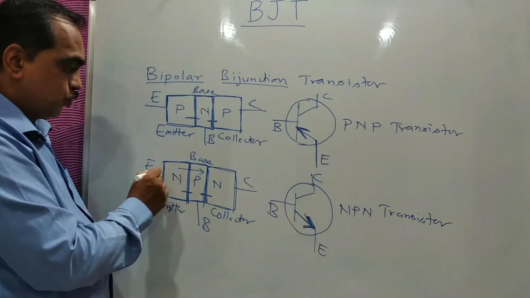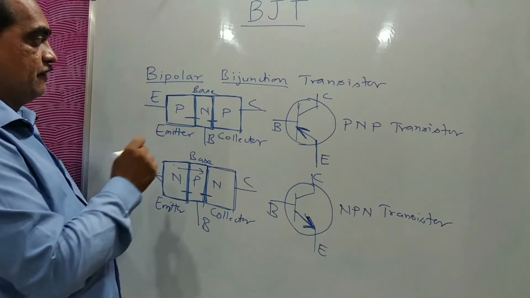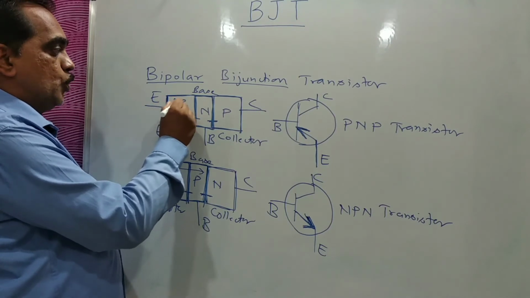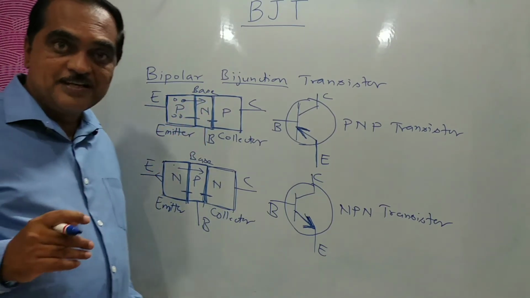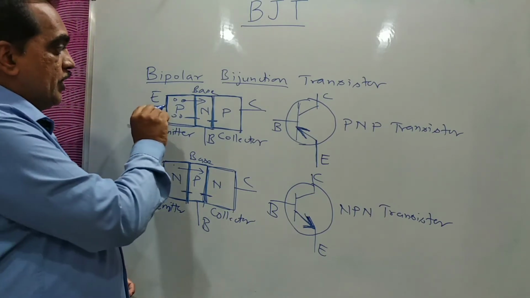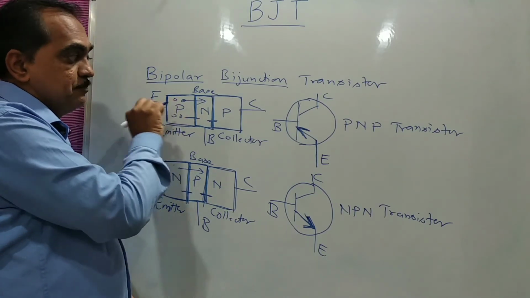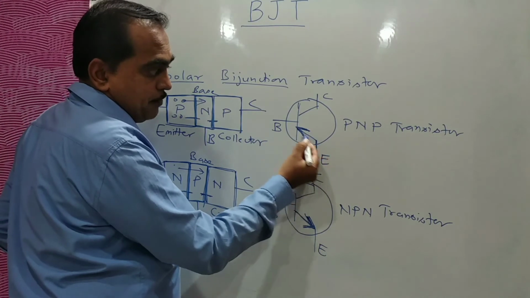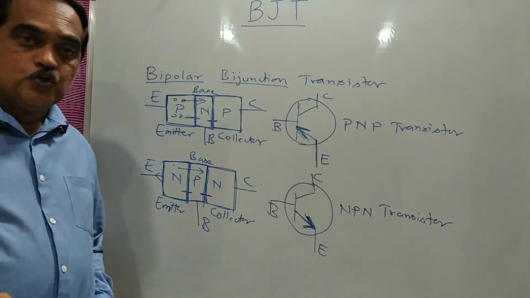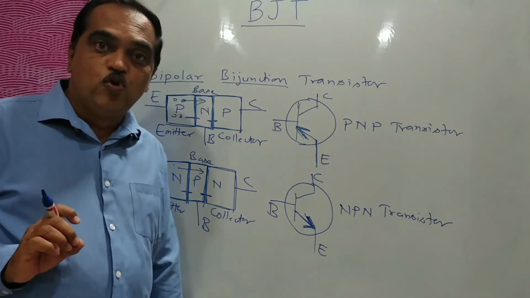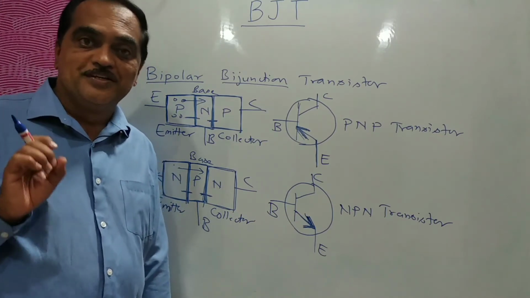And here in the P-type material, holes, which are considered positive charge carriers, travel from the emitter inside to the base. So this is your PNP. The arrow indicates the flow of positive or conventional current.